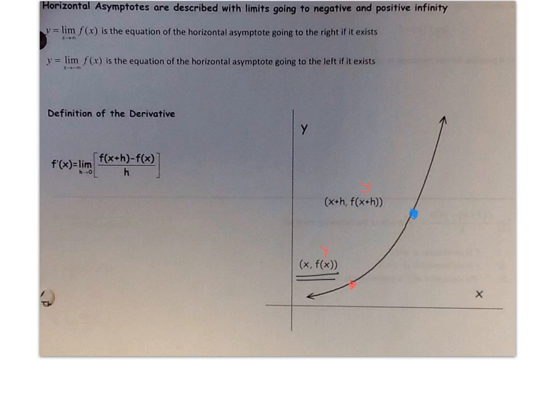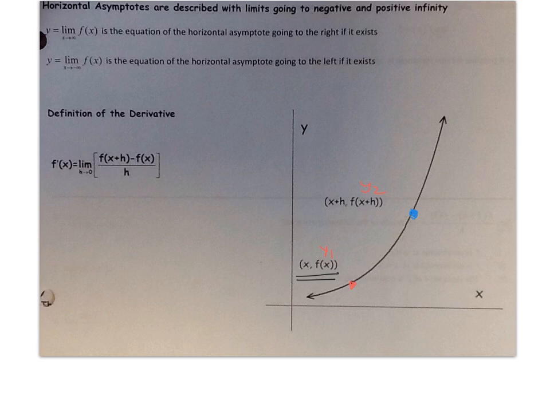And so to find that slope, which is essentially what you're doing when you find a derivative, you do use the slope formula, which would be y2 minus y1 divided by x2 minus x1.